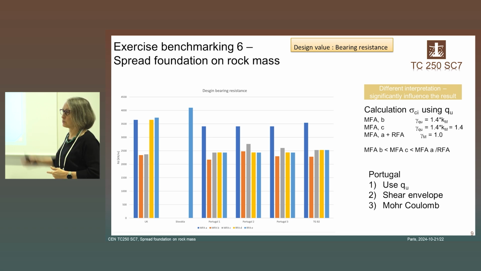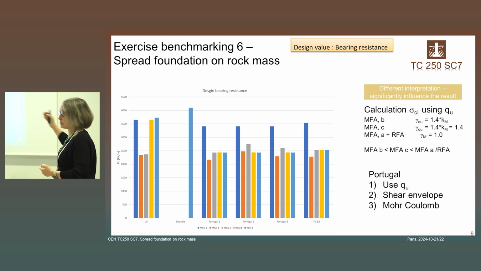Which one is the correct one? This is just a benchmark example, but still we have to have clear guidance on how to do this for the engineers. Which one is the most relevant for the specific case we are looking at?